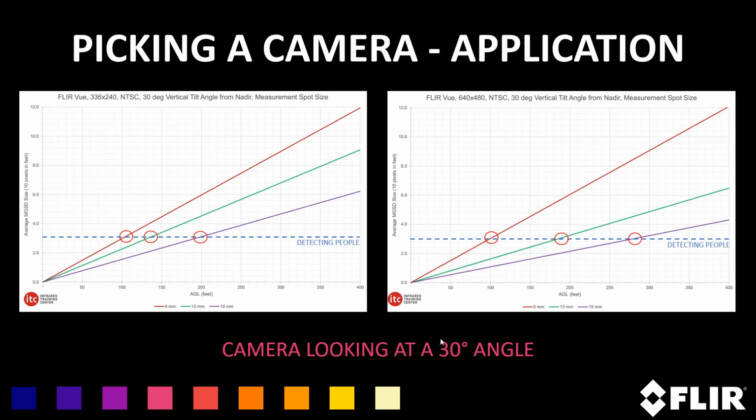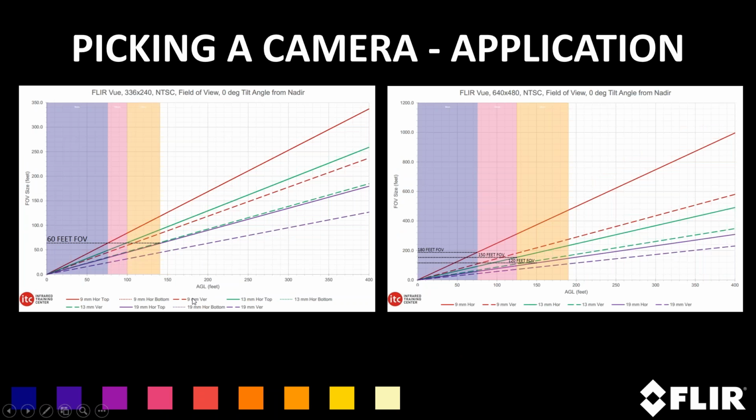So then I took this information and I translated it to field of view. These colors, the purple, pink, and orange, are showing different lens sizes and the maximum that you can fly, or the parameters that you could fly and still identify a person.